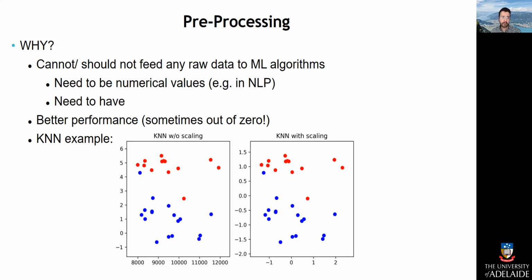Even before that, you need to make sure your data is in numerical values. If you're dealing with text, you need to convert that into numerical values, because you cannot put words in their own string shape into machine learning algorithms. You also need to have certain distributions. It depends to some extent on your algorithm, whether you're doing deep learning, classical, SVM, what sort of machine learning algorithm.